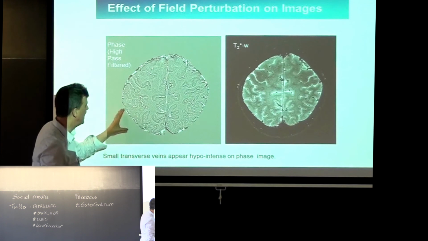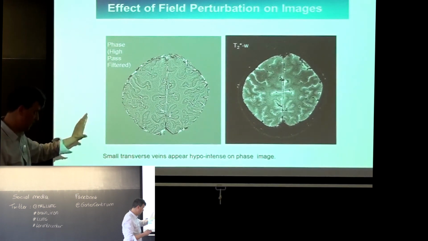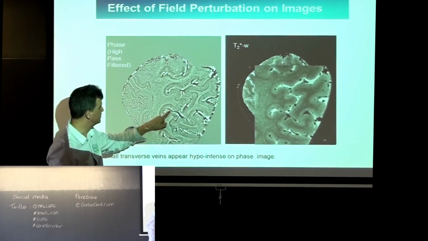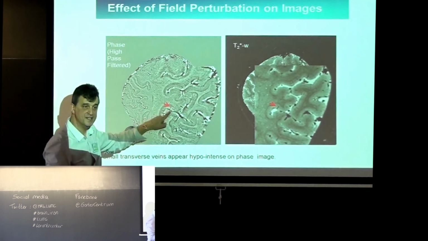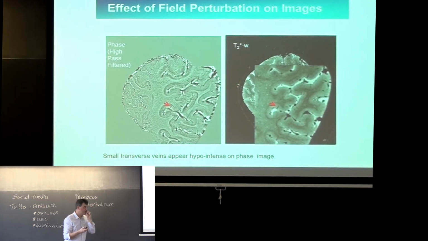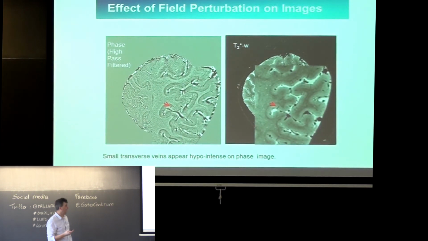And if we look at the phase of the image in a slightly processed fashion, we also see a significant effect of the phase of the signal of the hemoglobin. So we've got two things which give us a signature of the magnetic properties of the tissue.